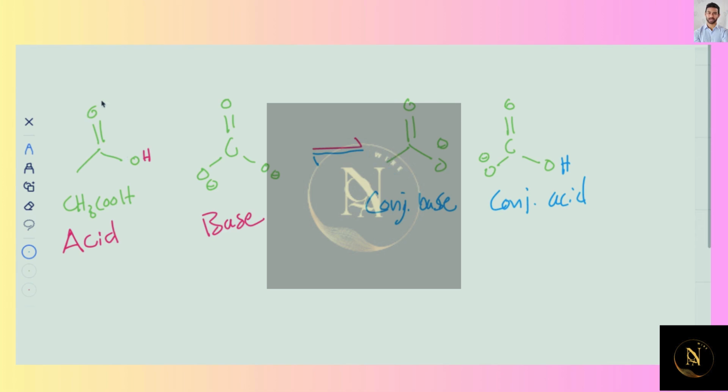And when we move from left to right, this is acting like an acid because it loses a proton. When we move from left to right, this acts like a base because it gains a proton. And when we move from right to left, this acts like an acid because we're losing a proton. That's what this acid-base, conjugate acid thing is always all about.